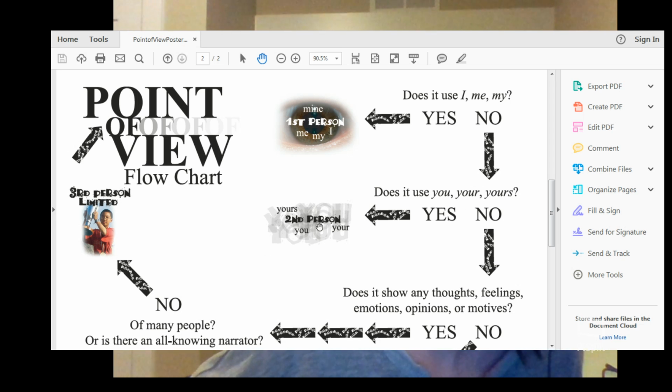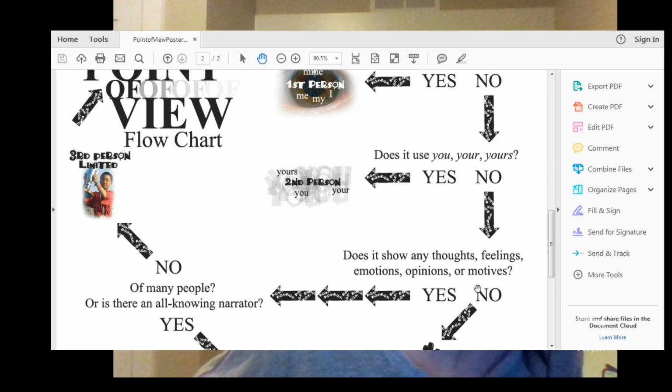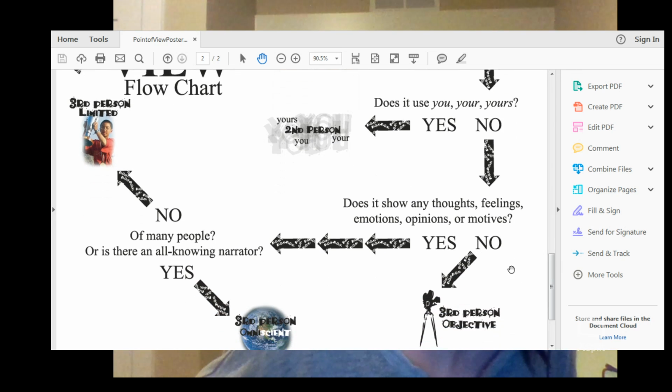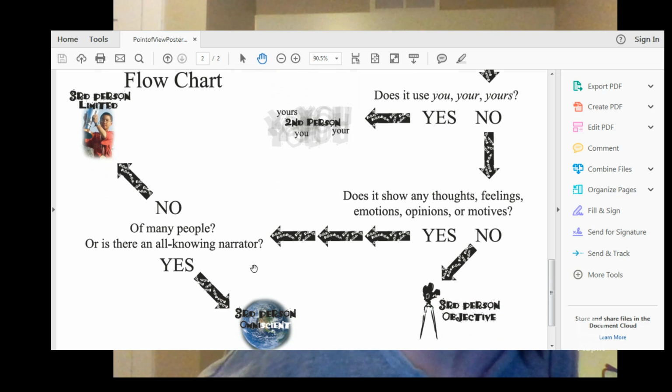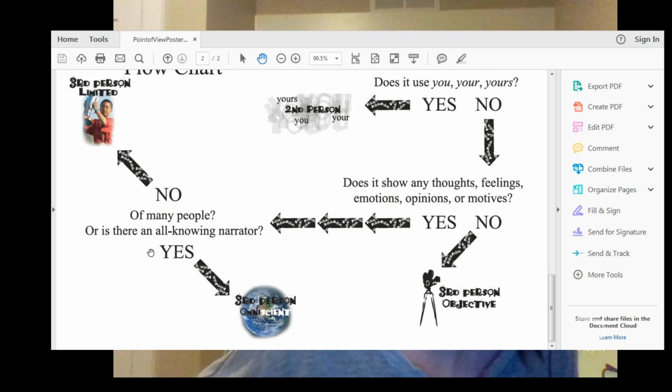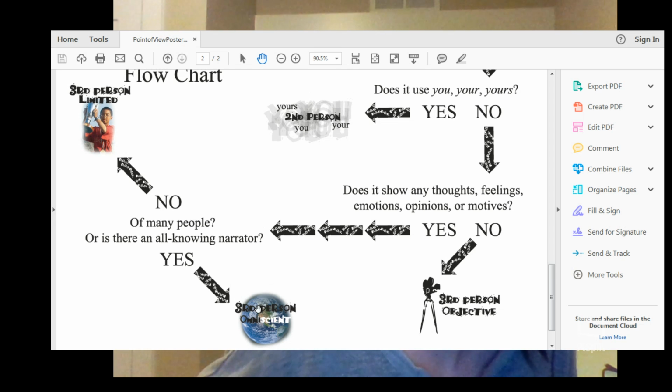If yes, it's second person. If no, does it show any thoughts and feelings and emotions or motives? Yes. Of how many people? Or is there an all-knowing narrator? If no, it's limited. If yes, it's omniscient. If this answer is no, it's third person objective. So hopefully you can use that to help you if you ever get stuck.